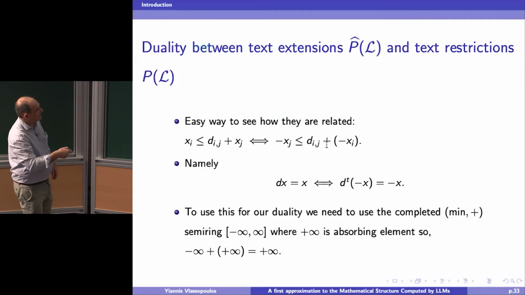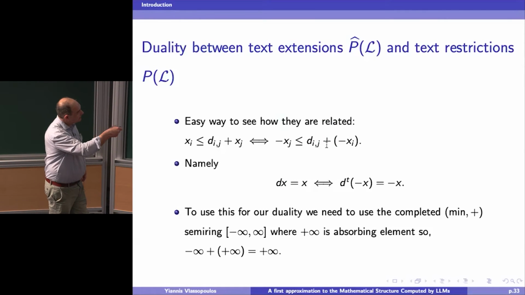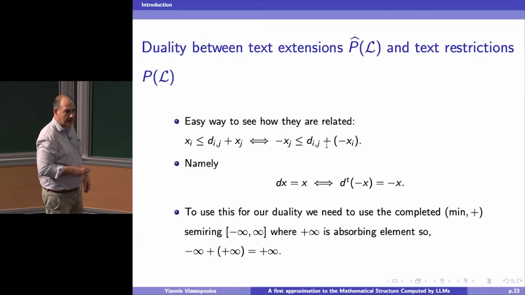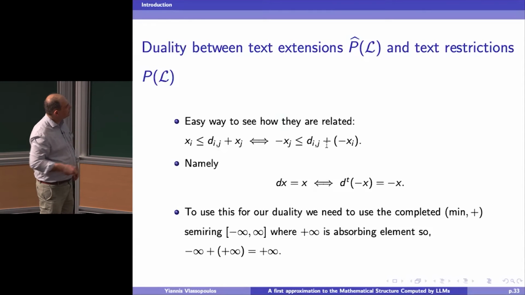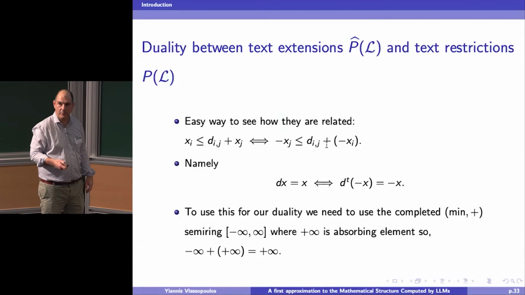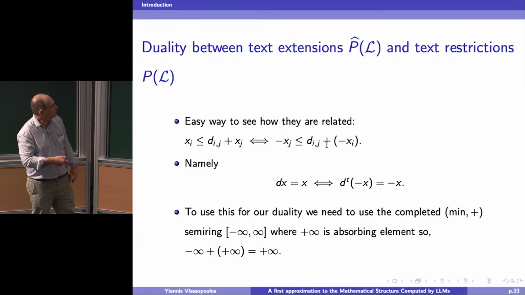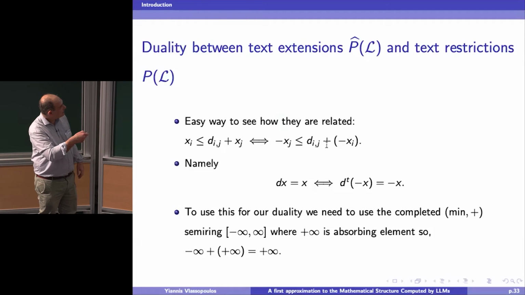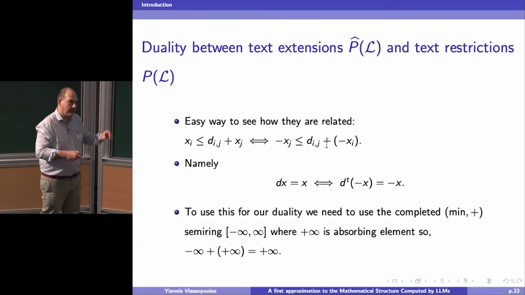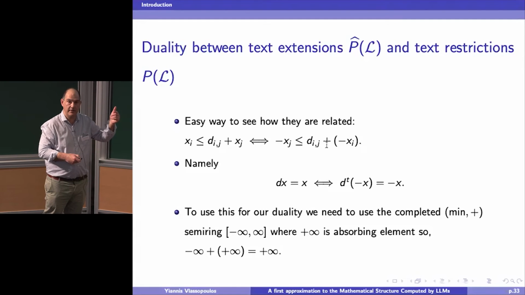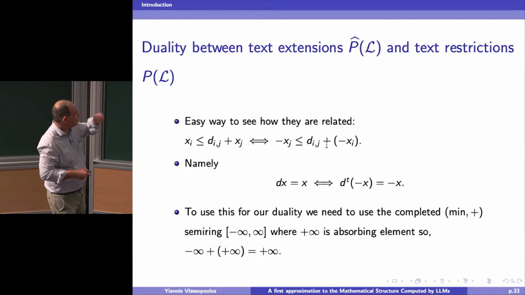So this means that dx equals x if and only if the transpose of minus x is equal to minus x. The immediate problem one sees is that if your variable is in minus infinity, infinity, where minus infinity is not included, then it's not going to preserve this set under the minus operation.